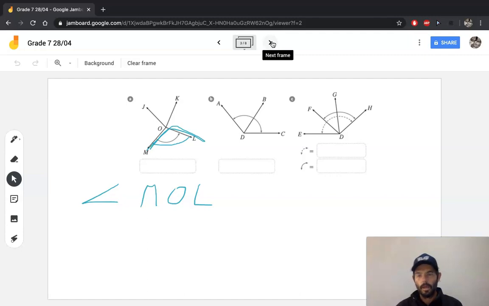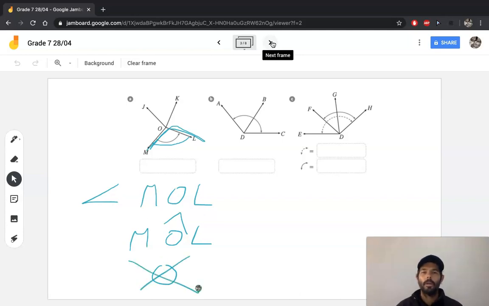You could have gone the other way, and the other option was MOL with that little cuppy on there. You cannot say O. You cannot just label it O because, like I already explained, there are 4 angles at point O.